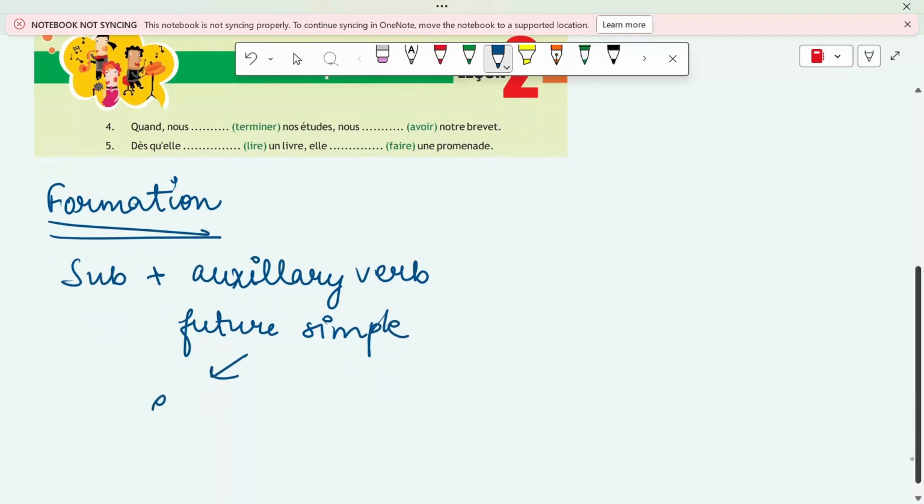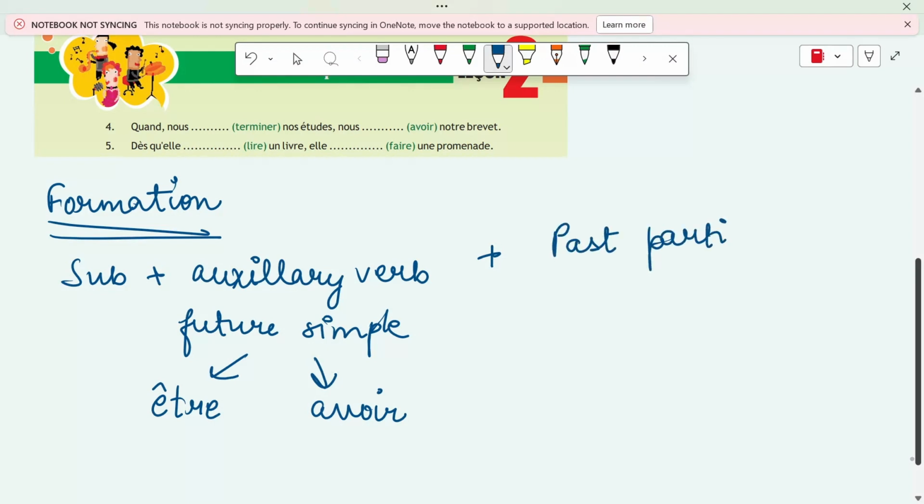They can be être or avoir, which we decide based on our main verb, just like passé composé. Then we put the past participle form of the main verb. And then finally, we put the object. Object means the rest of the statement. So this is the entire formation.